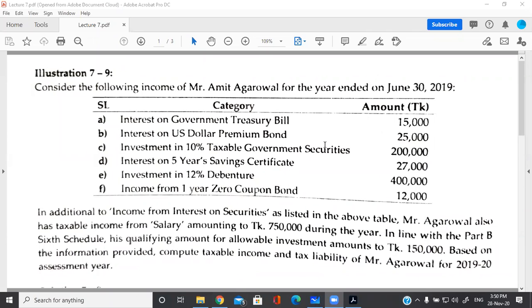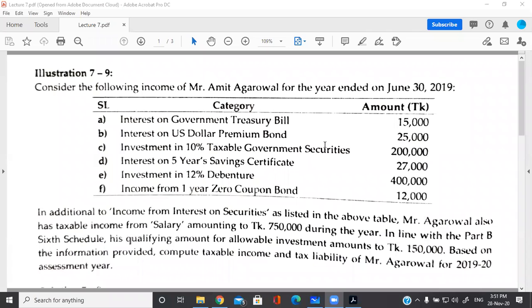In addition to income from interest on securities as listed in the above table, Mr. Agarwal also has taxable income from salary amounting to taka 750,000 during the year. In line with Part B, 6th schedule, his qualifying amount for allowable investment amounts to taka 150,000.